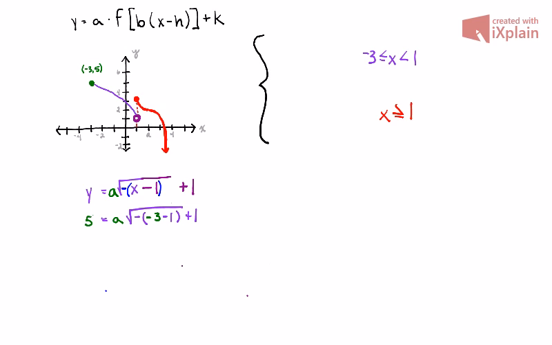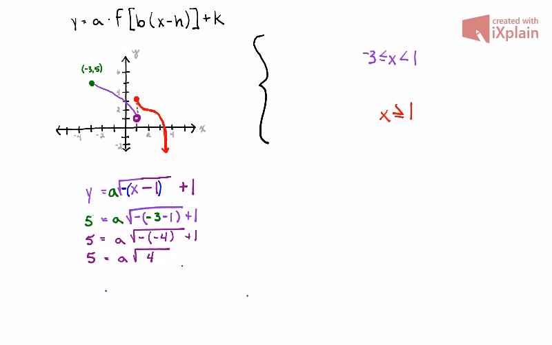So we'll go ahead and clean this up. So 5 is now equal to a times the square root of -3 minus 1, which is going to give you -4, plus 1 on the outside. And as I continue, I'll clean up the radicand.